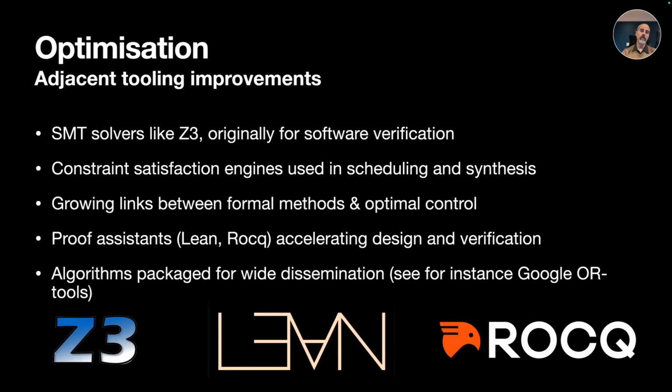It's an SMT solver, which is a slightly bigger problem than SAT. And SAT is just logical satisfaction. So, if A and B is equal to C and A or B is equal to D, are there values for these variables that satisfy those constraints?